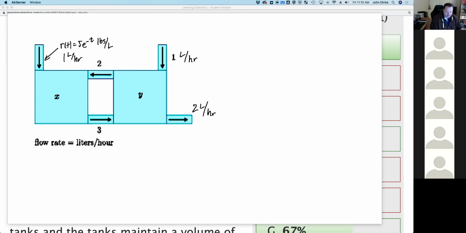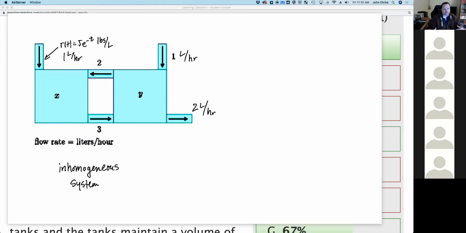It's coupled based on the design because X depends on Y and Y depends on X. It's inhomogeneous. From a physical point of view, an inhomogeneous system is a system that's affected by outside the system. If you think about the salt content in tank X and tank Y, if it were a homogeneous system, the only salt in the system would come from tank X and tank Y. There's nothing from outside the system being added.